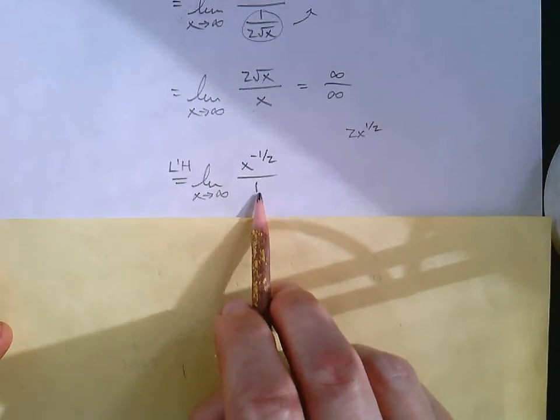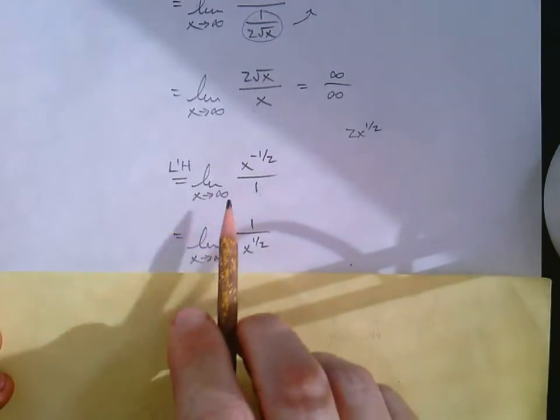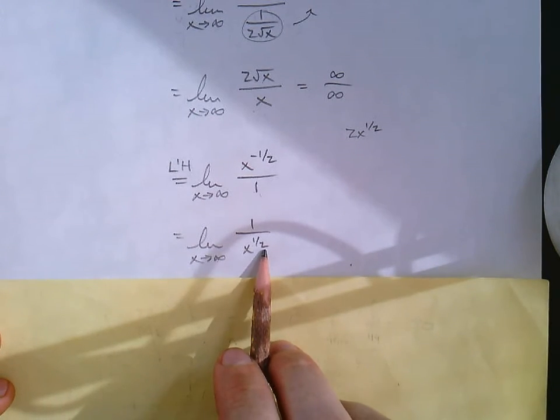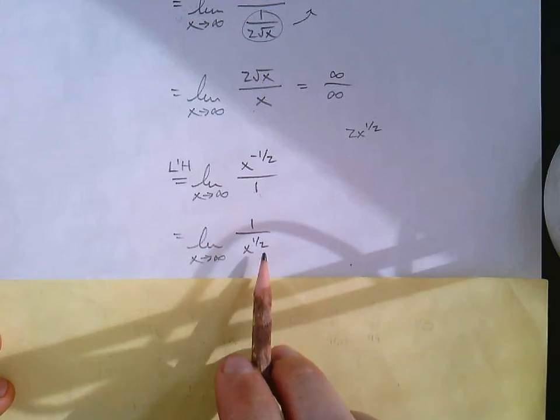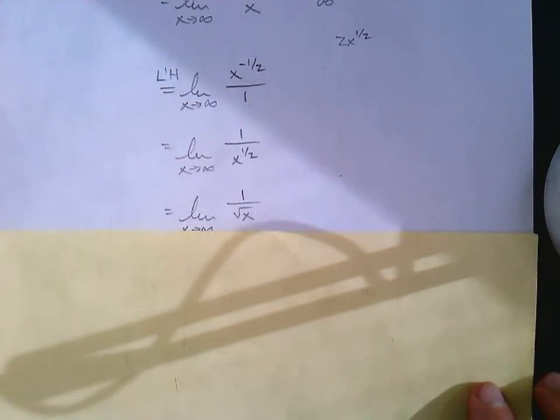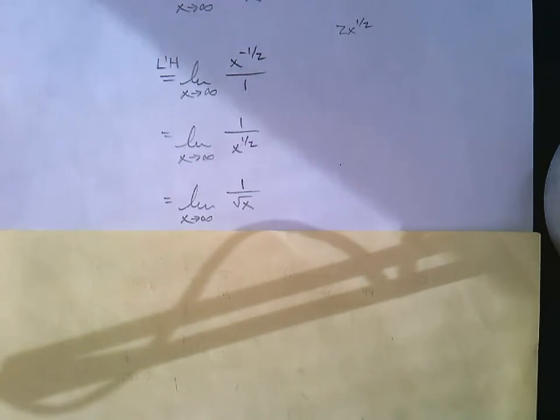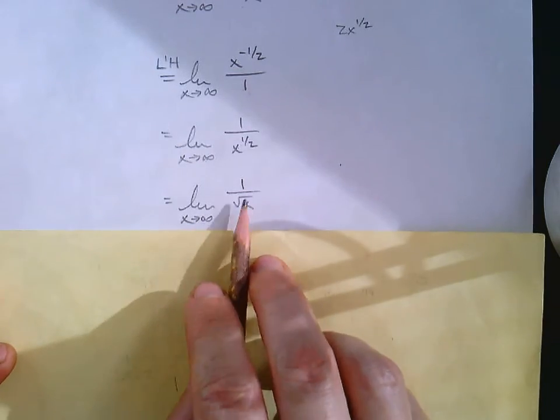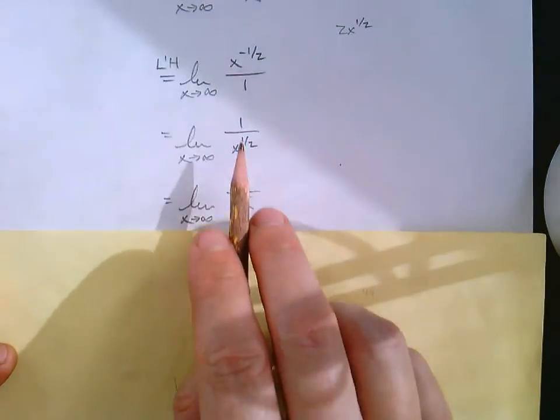Let's put that in the denominator as a positive exponent. Okay, so again, just an equals. As x approaches infinity, what happens? Well, remember, that is square root x. Oh, I did write that. Okay, limit as x approaches infinity, 1 over square root x once we simplify everything after our second L'Hopital's rule.